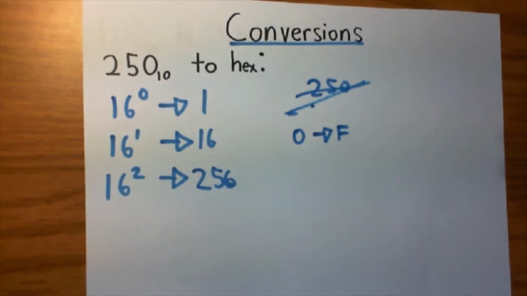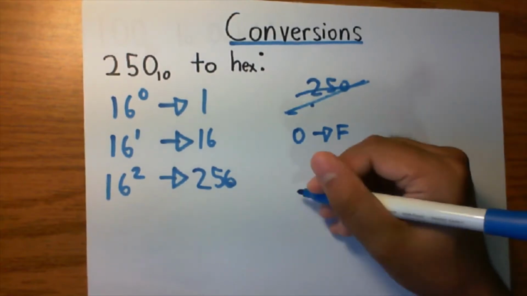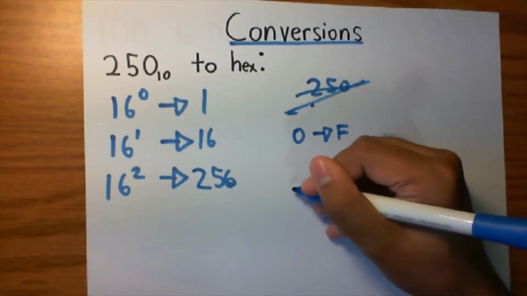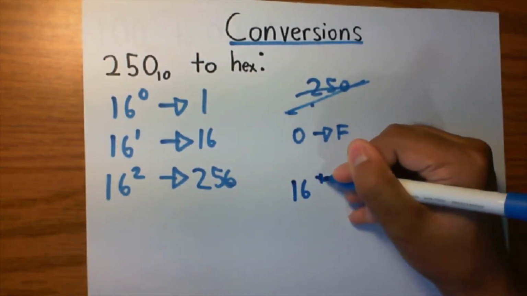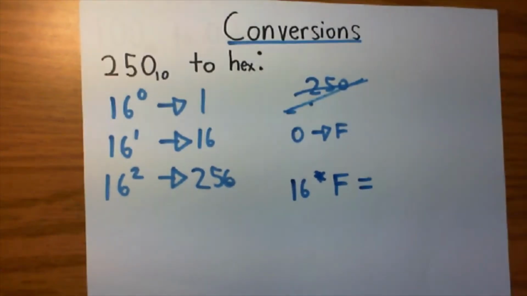So I'm going to try out and see if 1 times f is equivalent to something just under 250. So we're going to see what 16 times f is equivalent to, and it should be less than 250.